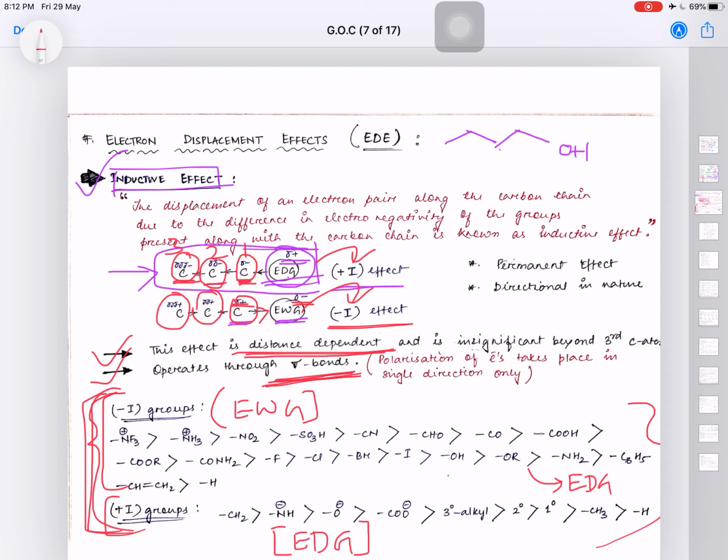So on the basis of the power of different electron donating groups, we can find out which group will stabilize a carbocation more and which will stabilize a carbanion more. So on the basis of those things the questions may come. We'll discuss these applications of these effects also. So let us move on to the next effect.